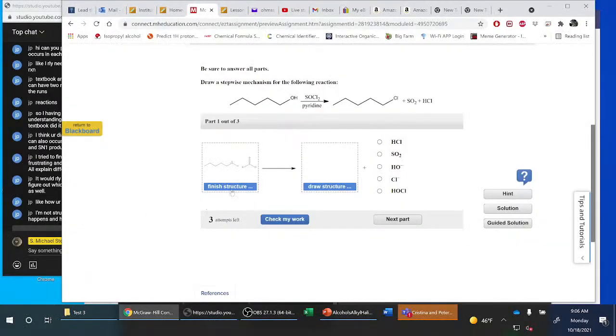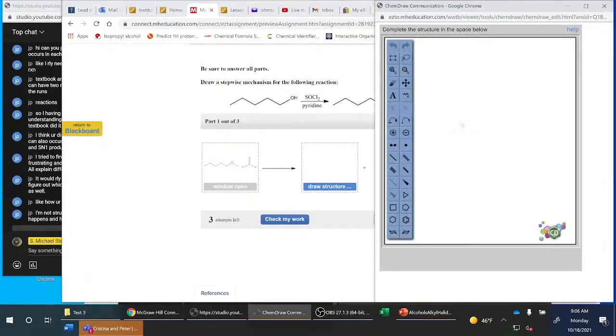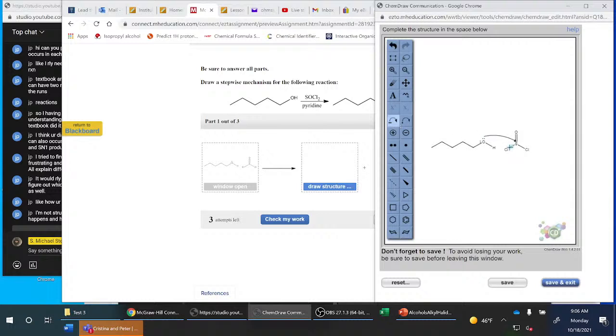Thionyl chloride is going to take kind of the same approach. So let me draw it up and bring it up here. Thionyl chloride is going to follow a very analogous reaction to PBr3. So we're going to break the sulfur-chlorine bond by having the oxygen attack the sulfur.